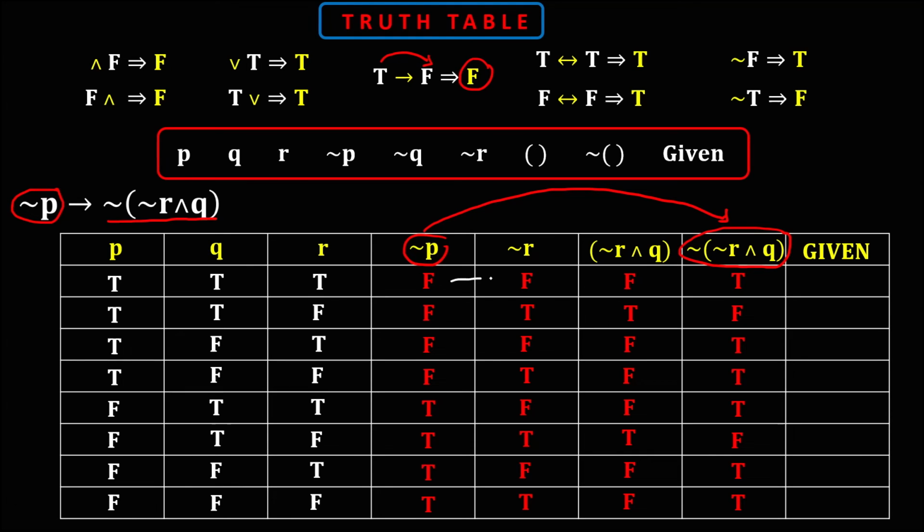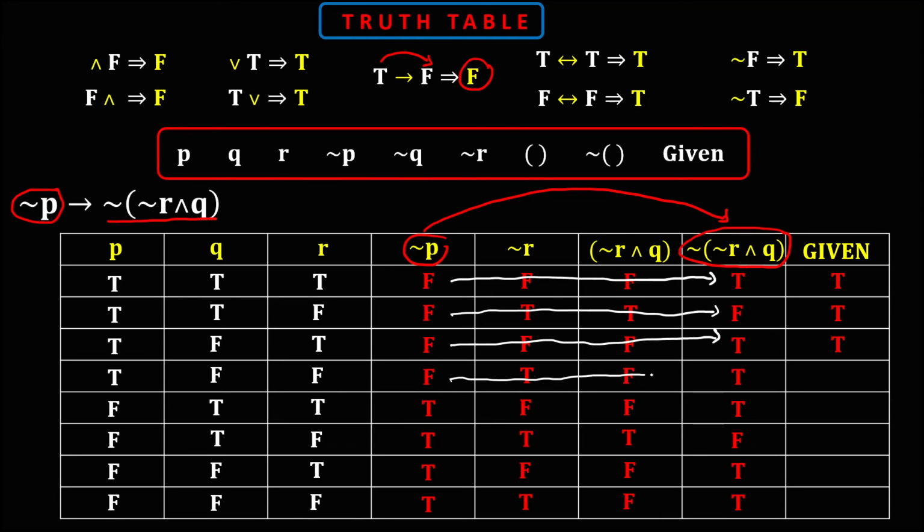So we have false arrow to true, this one is true, because only true arrow to false is false. Then false arrow to false, this one is true. False arrow to true, this one is true. False arrow to true, this one is also true. Then true arrow to true, this is true.